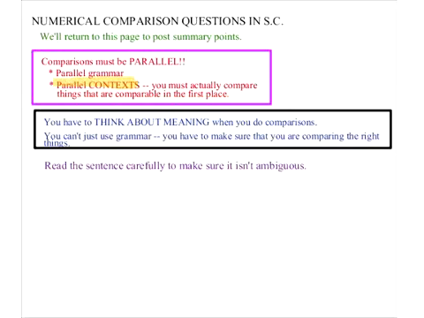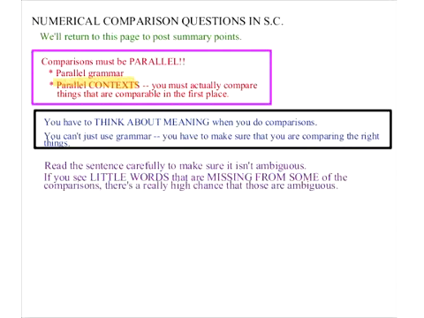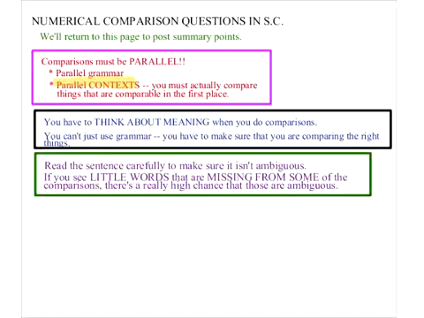Okay, if you see little words that are missing from some of the comparisons, there's a really high chance that those are ambiguous. So big deal here. So I mean, again, that's your trigger.